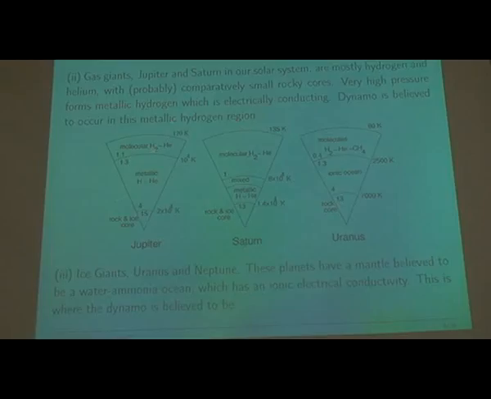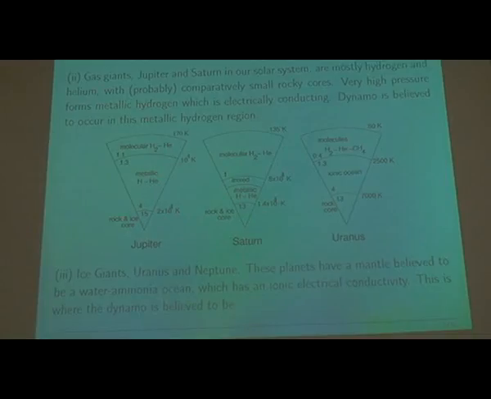So the gas giants, Jupiter and Saturn, are mostly hydrogen and helium. Possibly they've got small cores, rock and ice cores, down at the bottom. That's actually very hard to prove. Those cores are mainly there because otherwise people can't work out how the planets could ever have formed. But you can't actually see them directly from the gravity field because they're so small compared to this huge hydrogen-helium envelope.